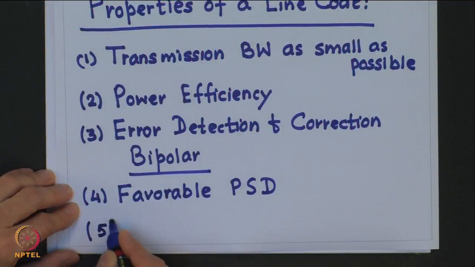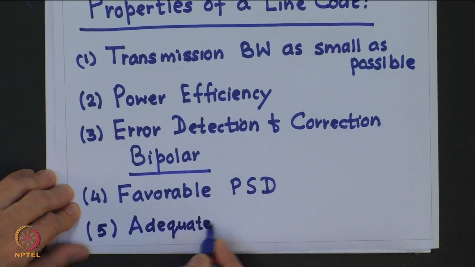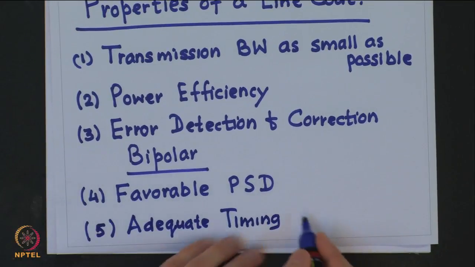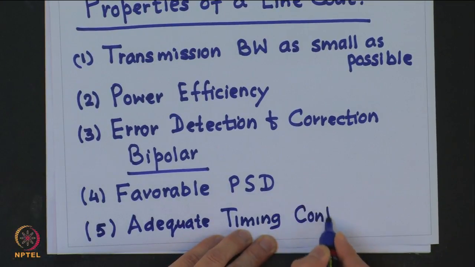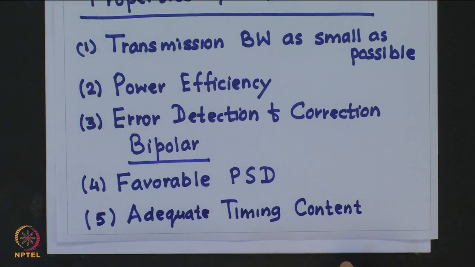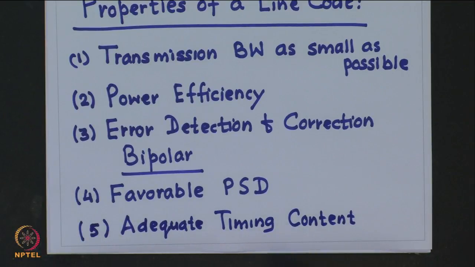Another important concept is that of adequate timing content. What this means basically is that we should be able to extract the timing or clock information from the signal itself.